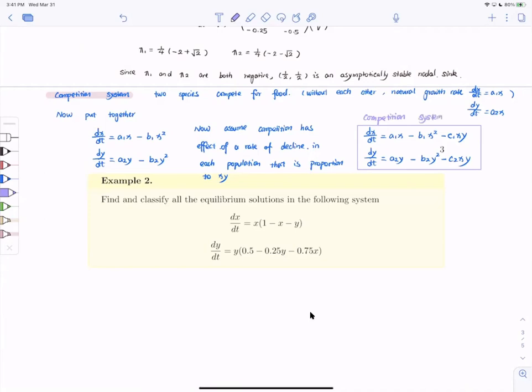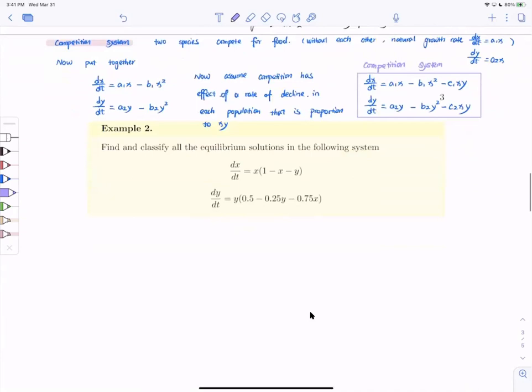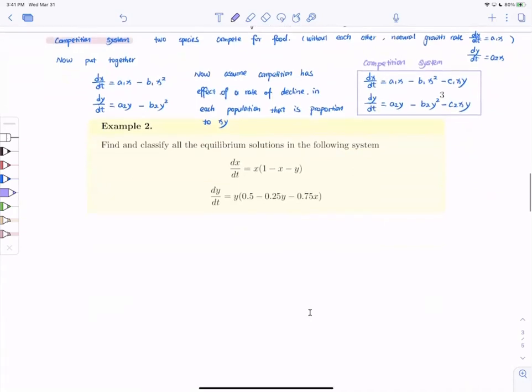This is the most important one, and very likely what they will ask you is whether those two species can coexist. If they cannot coexist, it means one of the species is going to go extinct.